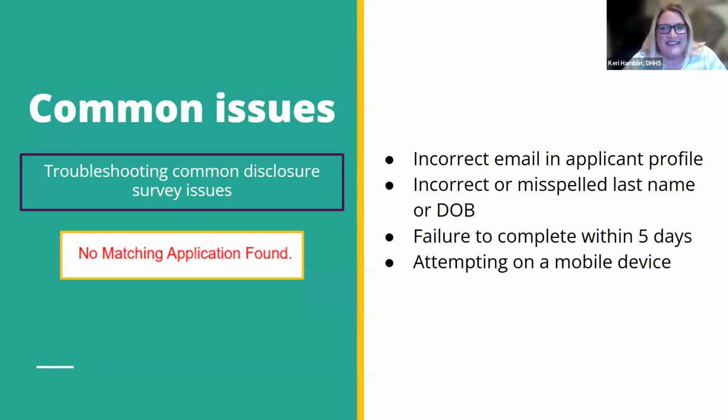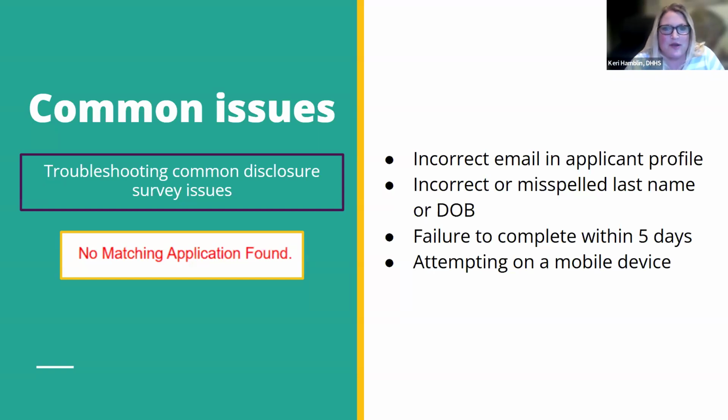Some common issues that we have with the disclosure is that it's absolutely imperative that the information you're entering with the applicant of their identity is valid and correct, especially the email address. We notify people solely through their email address. If their email address is not correct, they're not going to get the disclosure email.